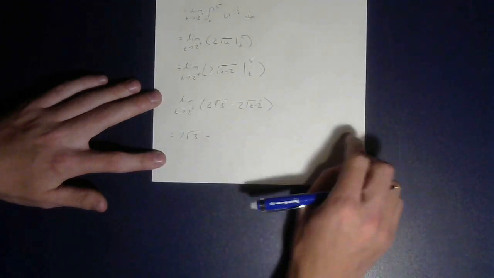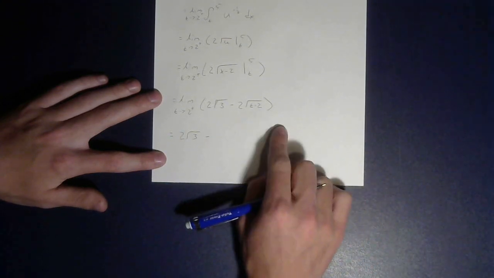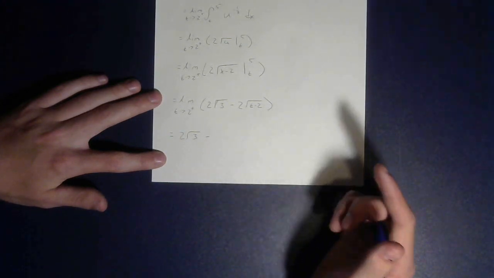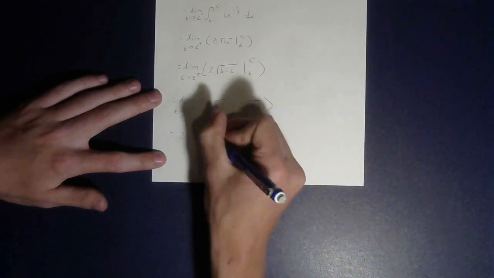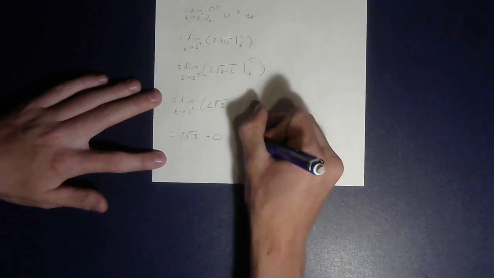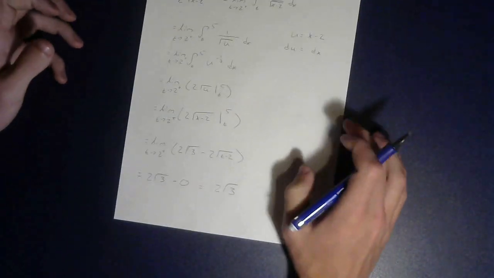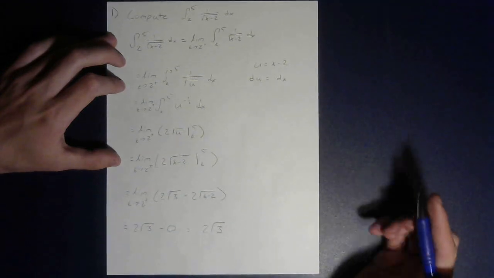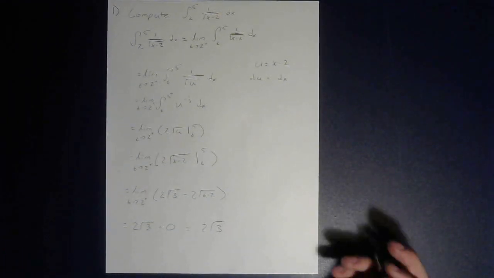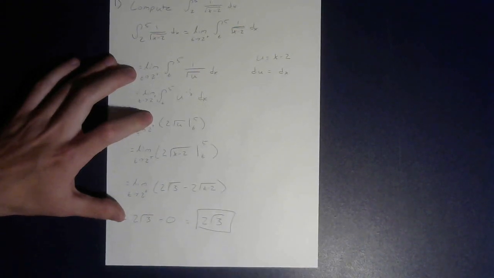And if we plug in 2 here for the t, we're going to see that 2 minus 2 is 0, and the square root of 0 is 0. 2 times 0 is 0, so we have 2 square root 3 minus 0. So 2 square root 3 is going to be our final answer. So the integral, the area underneath our equation, is going to be equal to 2 square root 3.